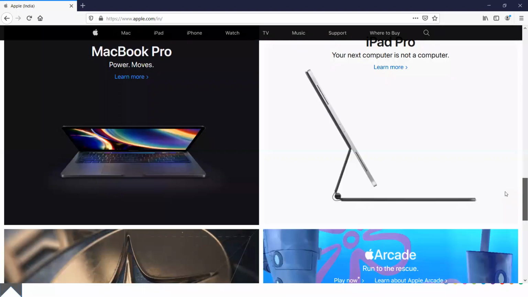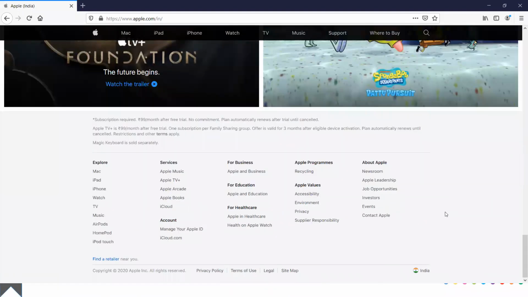The financial statements are generally found in the investors or investor relations section of a company's website, generally right at the top or at the bottom. For Apple, it's at the bottom. So we have investors over here, and I'm going to click on that.